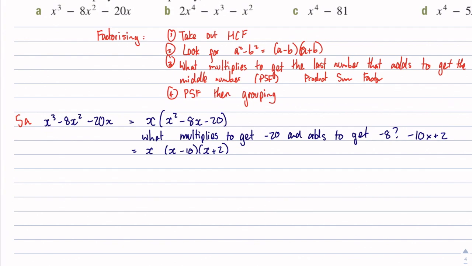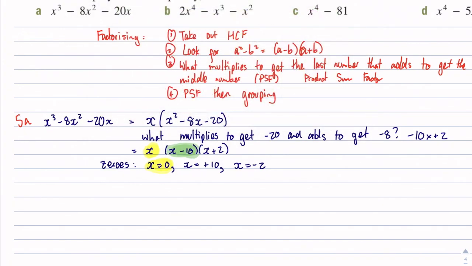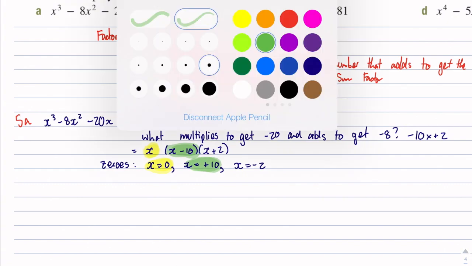So we've factorised. So it's zeros, x equals 0, x equals positive 10, x equals negative 2. So don't forget, whenever you have one on its own, you're going to get x equals 0. And you change the sign for the others.